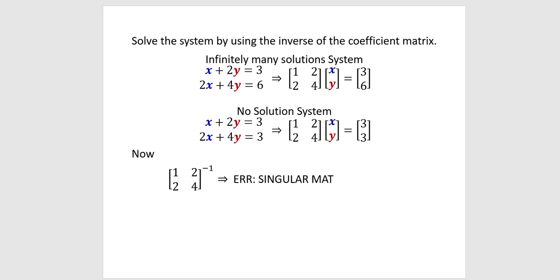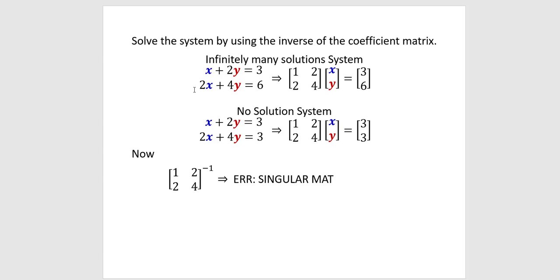On this slide there are 2 examples, one for an infinitely many solution system and the other for a system with no solutions. These 2 systems are similar. Notice the left-hand side of both equations are the same. On the infinitely many solution system, the second row is a multiple of the first row.